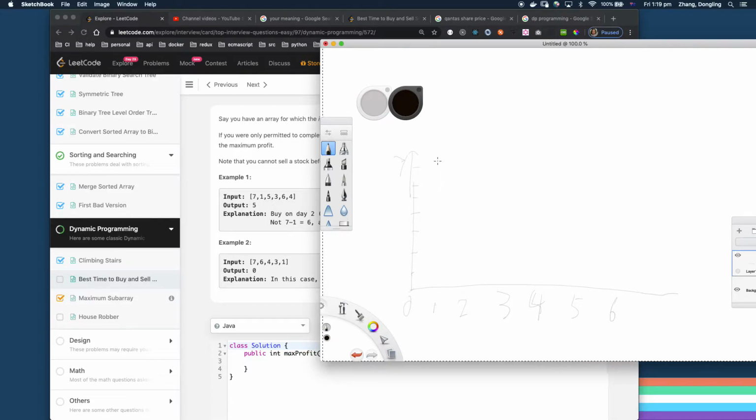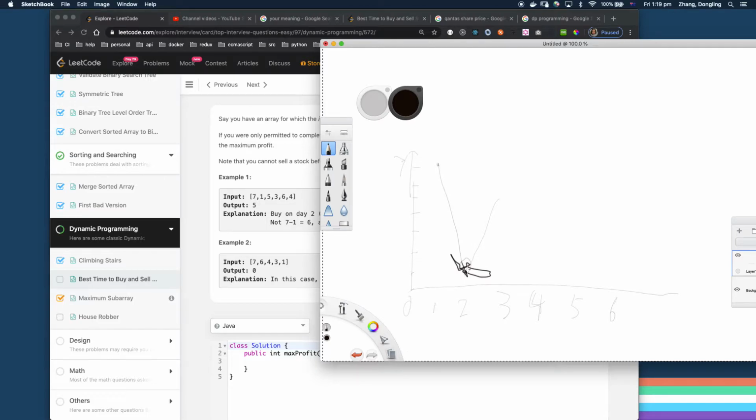If you buy on day 1 the price is here, then on day 2 the price is here, so you drop. The idea is you need to keep the smaller one. Then on day 3 the price goes back up to 5, 6, 7.